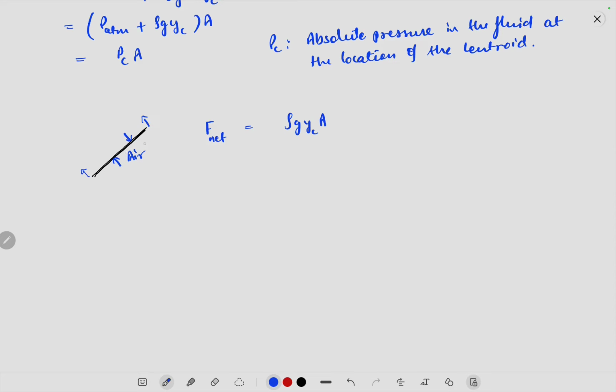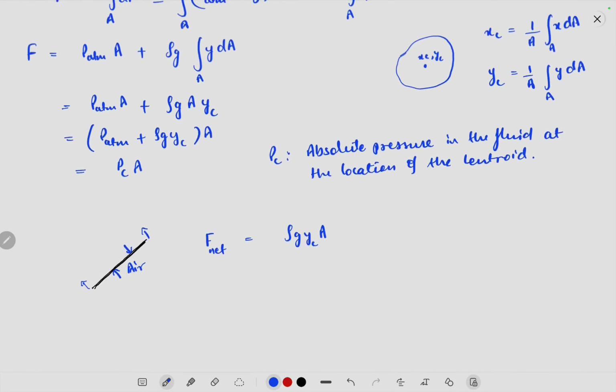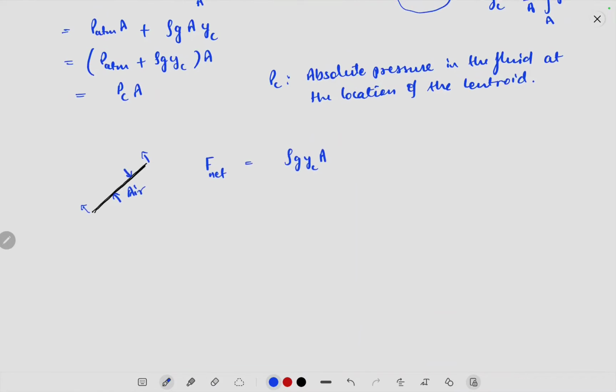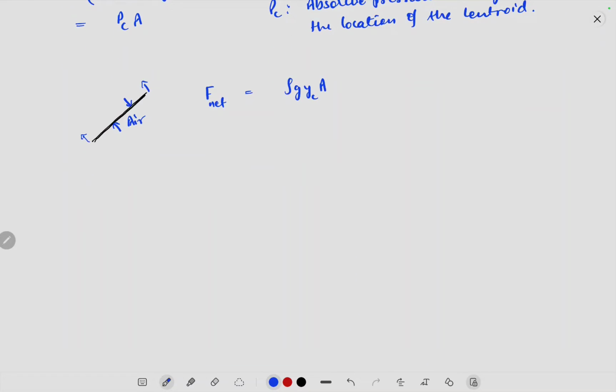But the area of this body can be anything. It can be in the xy plane, it can be in the xz plane, or in some other plane. So what should this area be? It is actually the area of the plane which is perpendicular to the pressure.